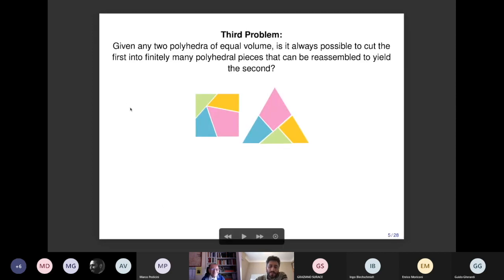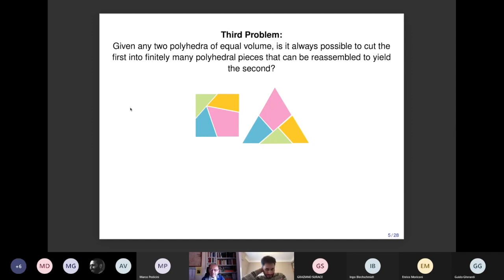The third problem, I chose it because it's particularly easy to explain, and the question is, if you take a polyhedron, which is a three-dimensional object with all faces which are planes, is it possible to cut it using planes and rebuild another shape with the same volume?